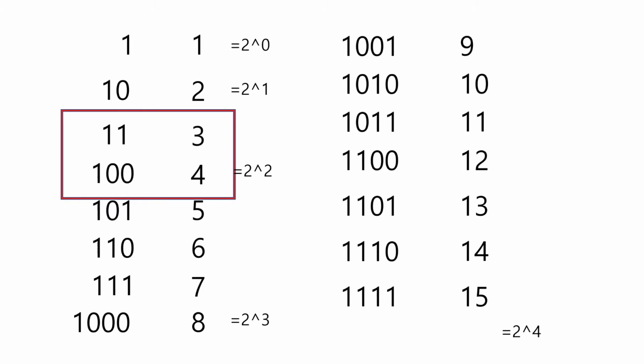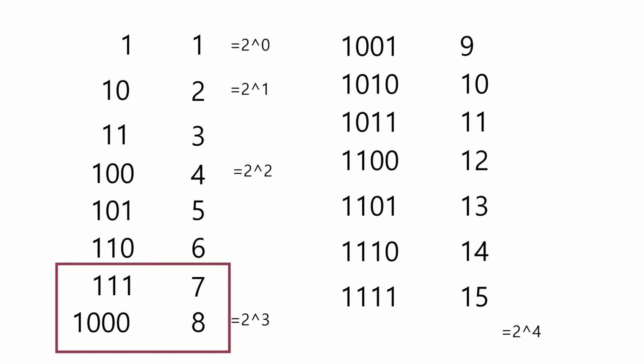It's 4 minus 1, so it must be the biggest number which has two significant digits. And 7 is also the biggest number which has 3 significant digits. But if you meet 8, those 3 digits become all 0, and it increases by 1 digit, and the first digit becomes 1. So whenever you use the AND operation between two such numbers, you always get 0.